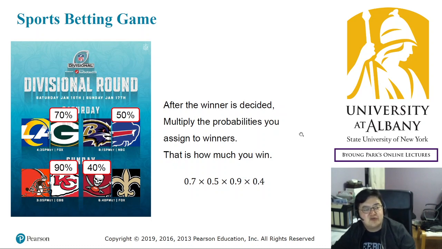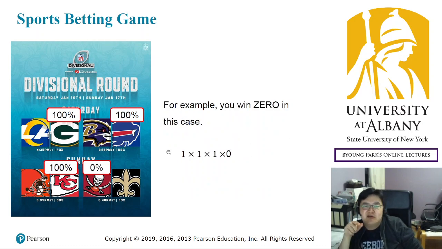Then, knowing this rule, you have to choose the probability very carefully. For example, this is a very stupid bet. If you put 0% on a team and that team wins, your final prize is zero because of multiplying by zero.